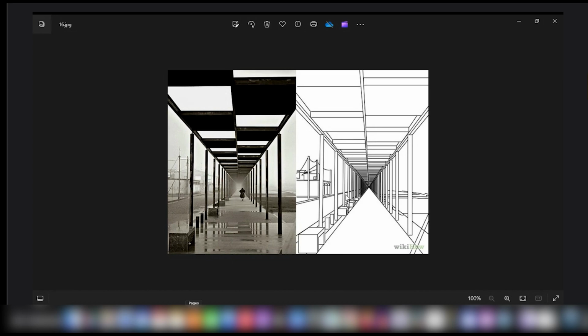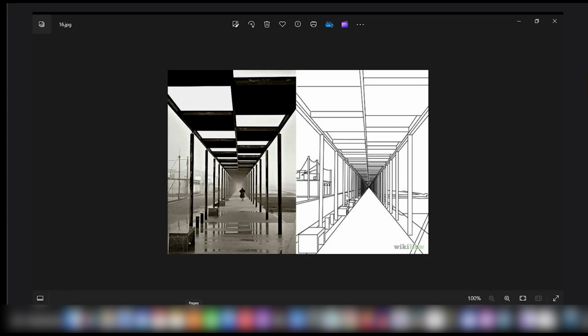So let me tell you guys what one point perspective means. When we try to understand one point perspective, we have to understand how all the parallel lines, which are parallel to each and every other line in the same context, converge to a single vanishing point or the single focal point on the horizon.